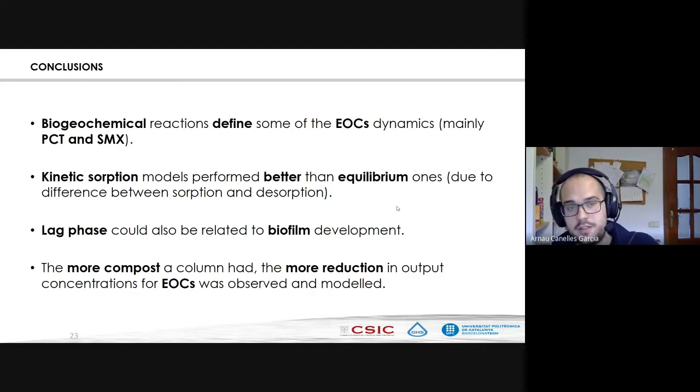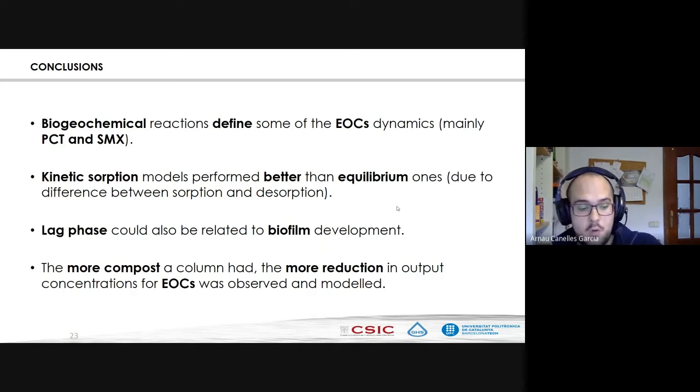We also saw that, especially for these recalcitrant compounds, some sort of lag phase is very useful to define the transformation of these compounds, which is also stated in the literature, but it was also reaffirmed in this model.